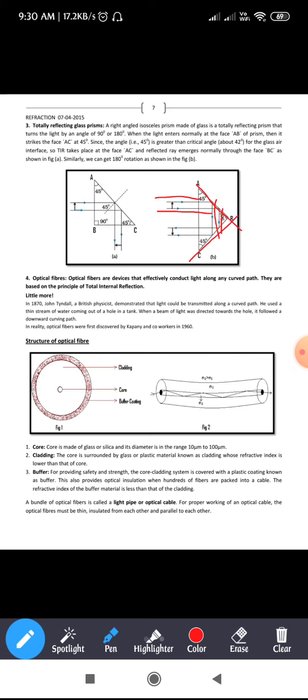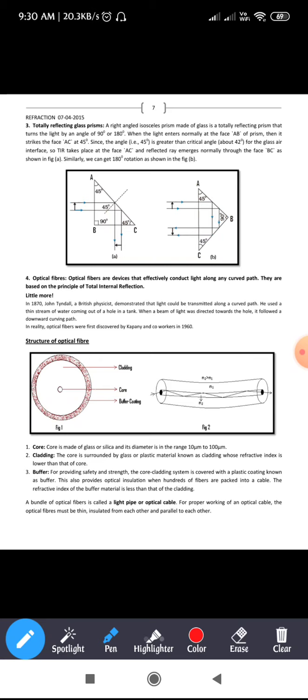Similarly, at face BC also, it strikes at 45 degree, greater than the critical angle. Again it undergoes TIR and moves in this direction, and hence it undergoes a rotation of 180 degree. In the first figure it underwent a rotation of 90 degree, and in figure B a rotation of 180 degree. So this is the total reflecting glass prism.